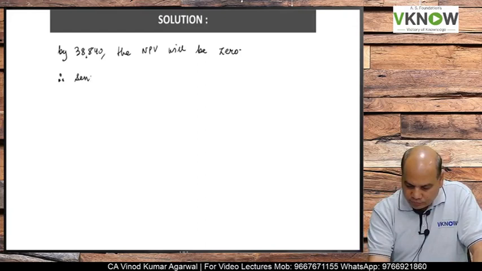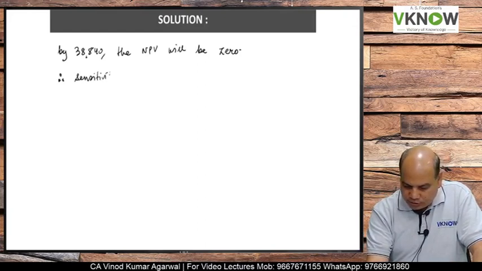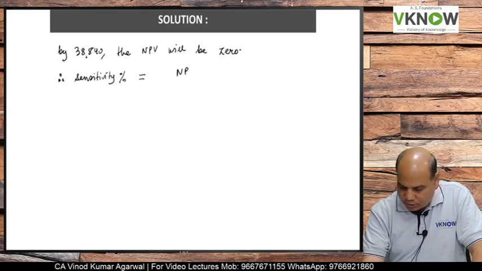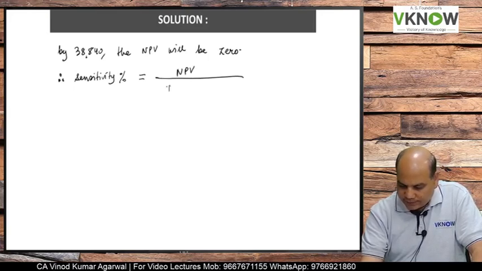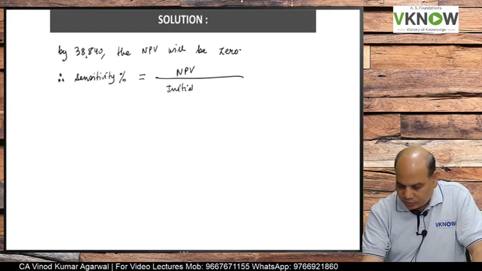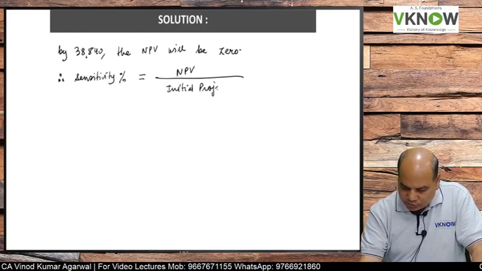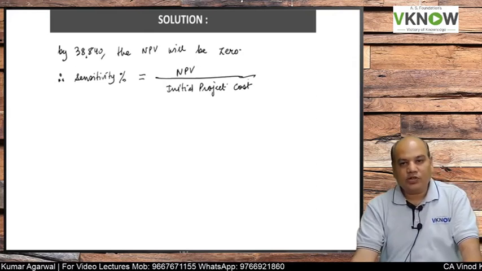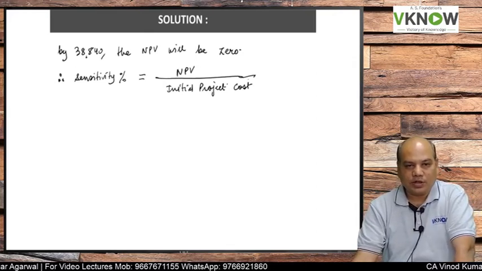Therefore, sensitivity percentage equals NPV divided by initial project cost. This you can apply in every problem for initial project cost sensitivity.